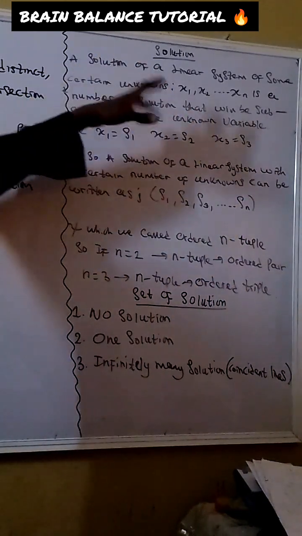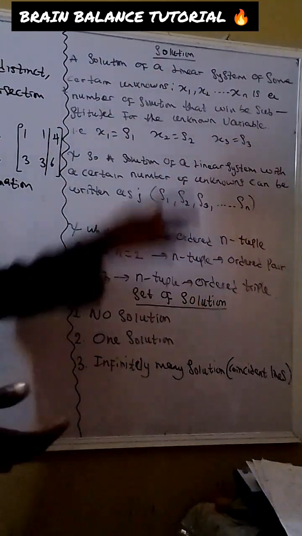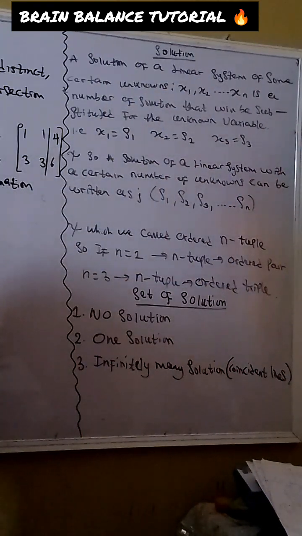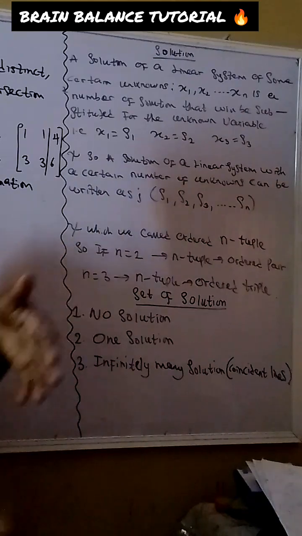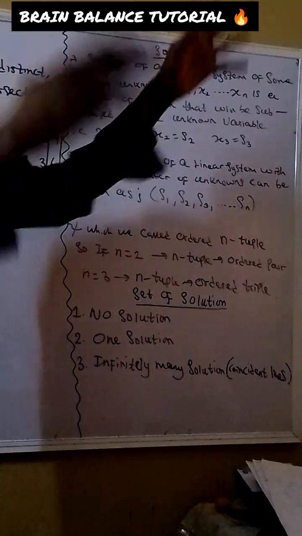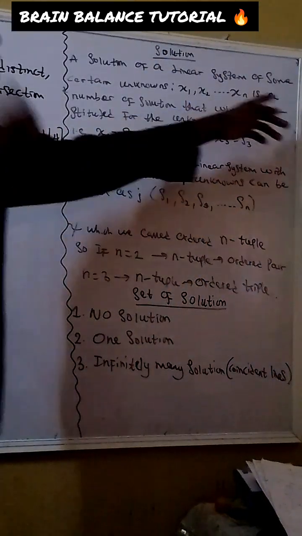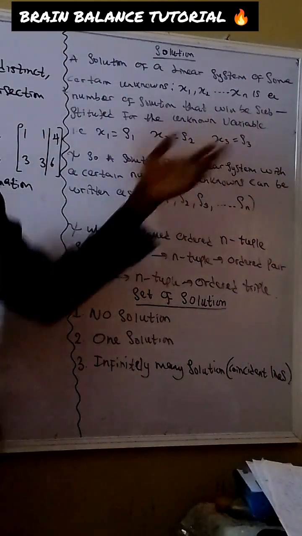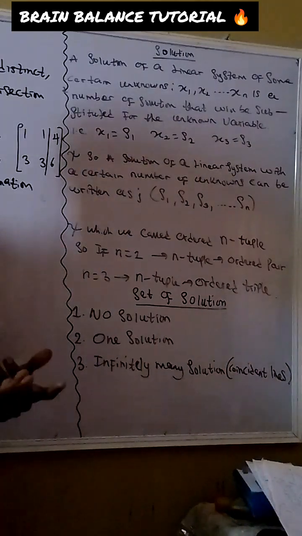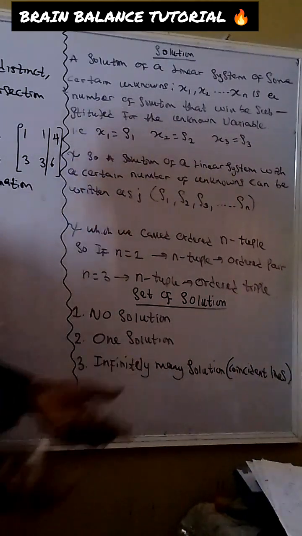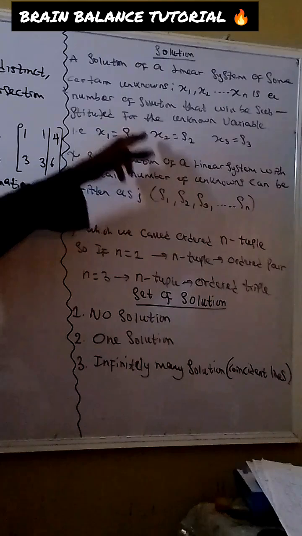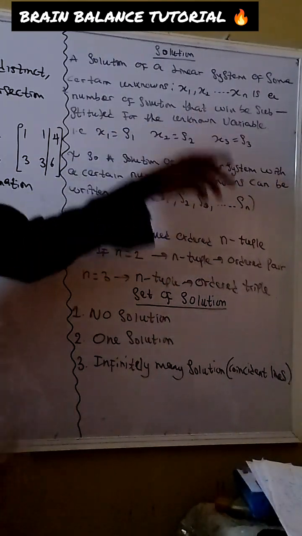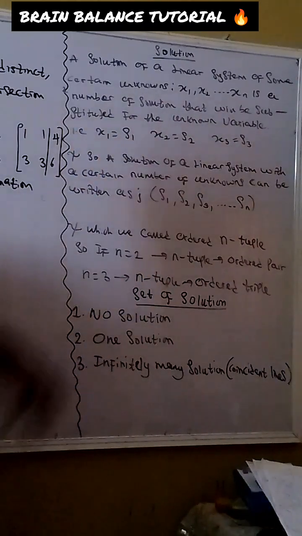The moment you are aiming for a particular solution to the linear system of certain unknowns, like x1, x2, where x denotes each category like x, y, z, it is a set of numbers that will be substituted for the unknowns. For each unknown you need to get the solution or the answer. Just like unknown variable 1 will be equal to a solution of 1, unknown variable 2 will give us a solution of 2, unknown variable 3 will give us a solution of 3. This is what we call a solution.